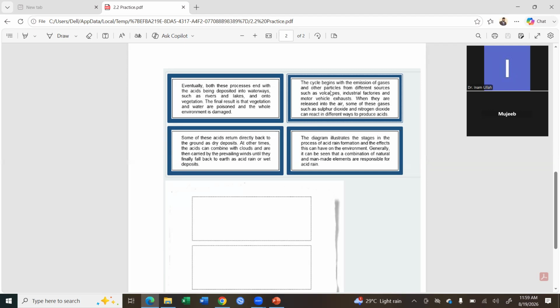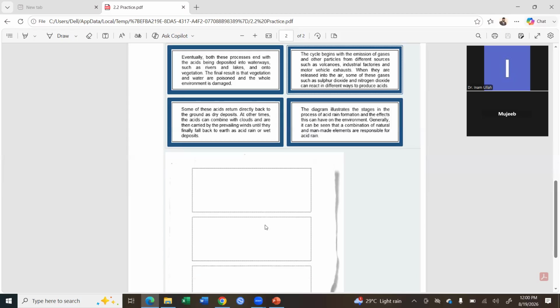For example, the second one should go first, the third one should go second, or the fourth one should go first, and then the second one should go second, and so on. I will share this worksheet with you, and you should do it at home and send it to me so that I can check whether you have answered it correctly. Is it clear? Yes, sir. But we can only discuss the first one to give you the idea.